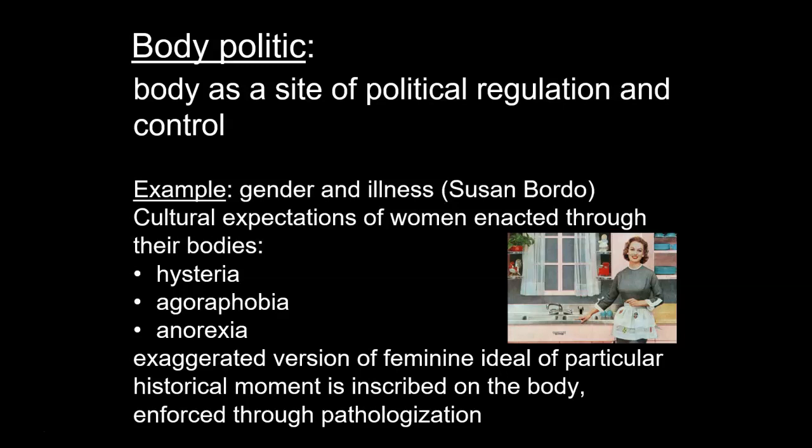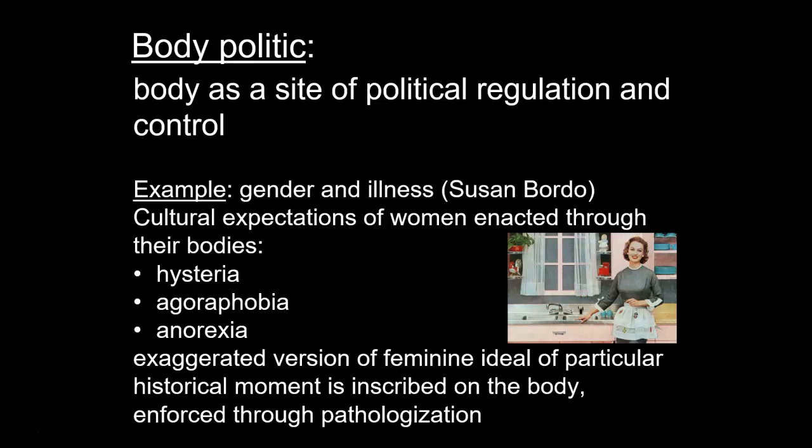The first is from a scholar named Susan Bordo, who's not actually an anthropologist. She's an interdisciplinary humanities scholar, but she's written a lot of really interesting things, especially around gender, that have been inspiring also to anthropologists.